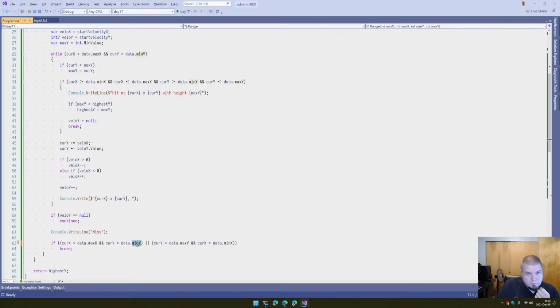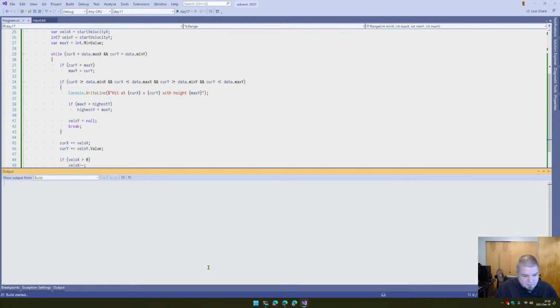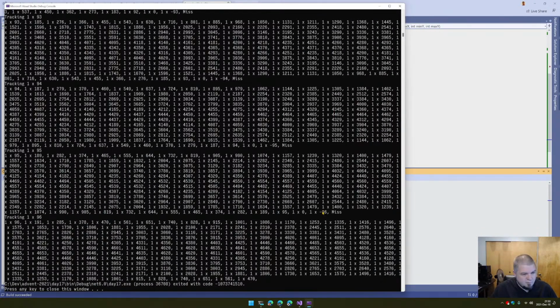Undershoot on the y side, then it should be overshoot on the x side. Or you overshoot on the y side and undershoot on the x side. Oh, that's obviously wrong too.